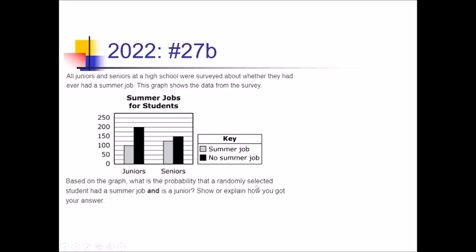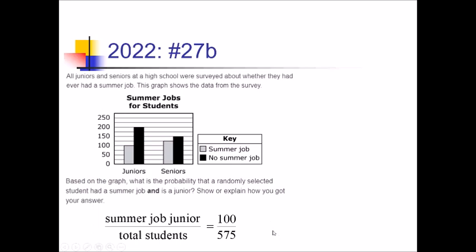They said a randomly selected student, and they didn't say anything else about what that student had to be until they get to this part here. So that's going to be summer job juniors over total students. The total students we already found, that was 575. The summer job juniors, that's this box right here, that was 100.